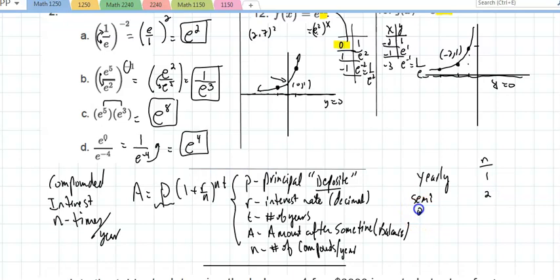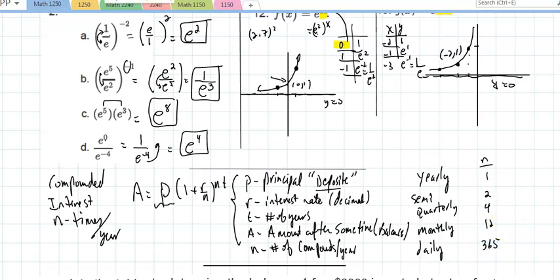If they say quarterly, then you break the year into quarters. There's 4 of them. If they say monthly, you break the year into months. How many months are there in a year? 12. And if they say daily, how many days are in the year? We're going to assume 365.